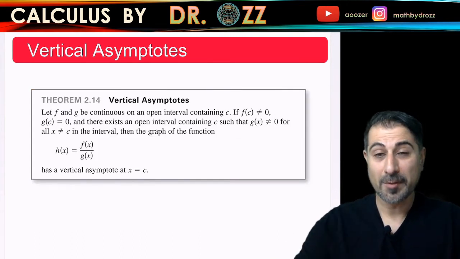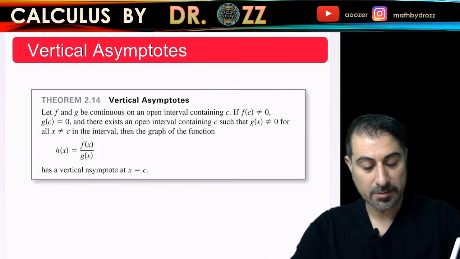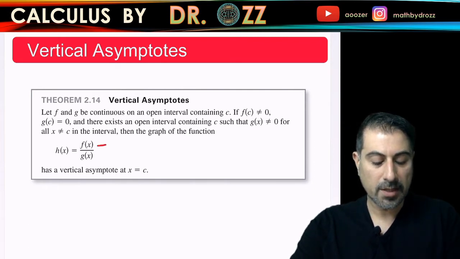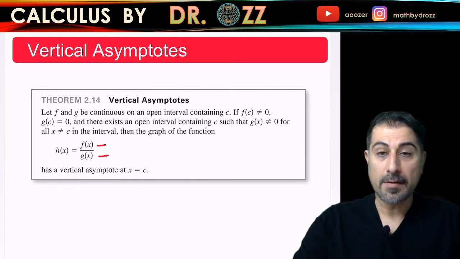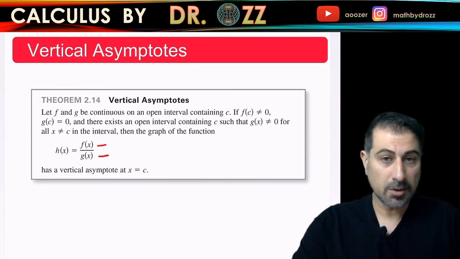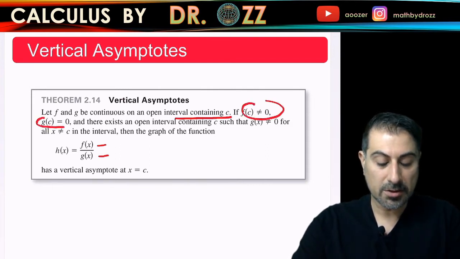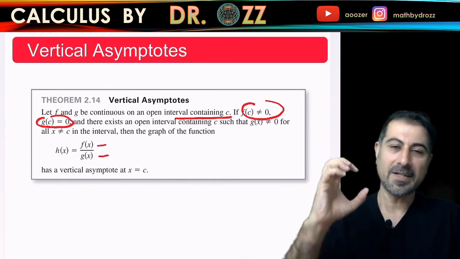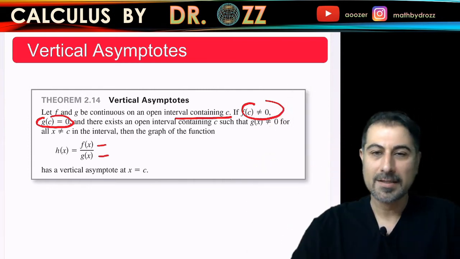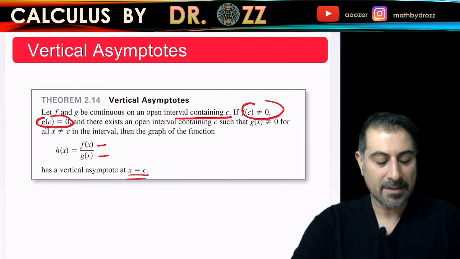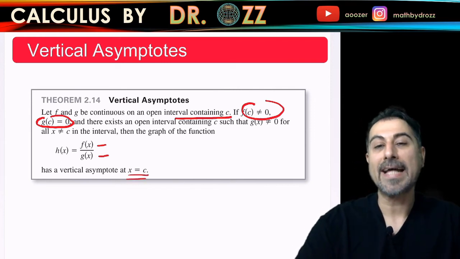In fact, we're going to summarize this in this result here. If you have a rational function, which is f divided by g, and both of these functions are continuous on an open interval containing c, and f is not 0 at c, but g is 0 at c, so you're dividing a number by 0, then for that reason x equals c is a good candidate for a vertical asymptote.